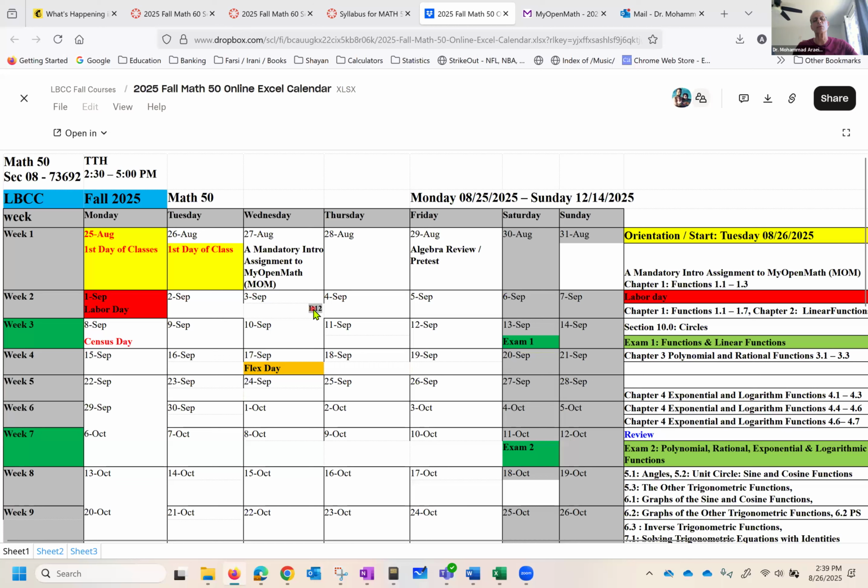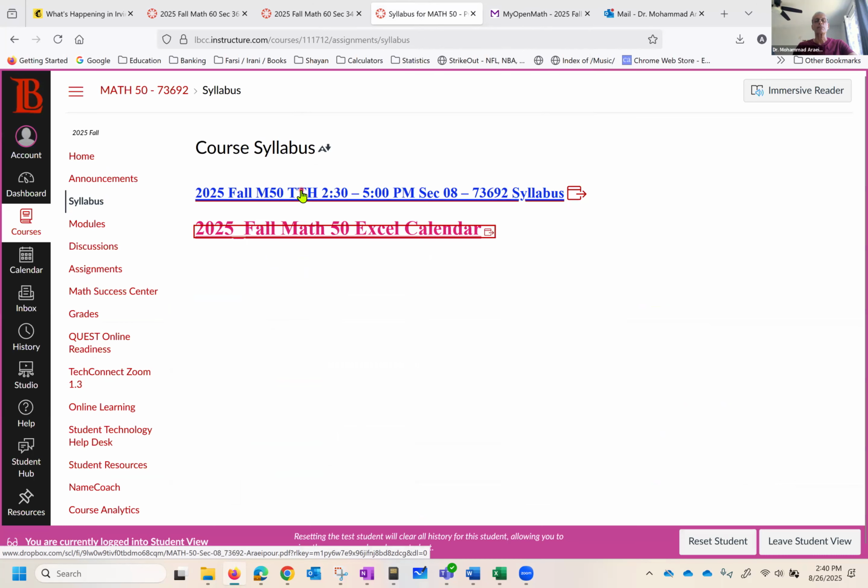And of course, there are a couple of items that are due immediately. One of them is Introduction to My Open Math. Some students have already done that, and Algebra Review. We'll discuss this further as we go to My Open Math, where you can find your digital platform for your assignments.